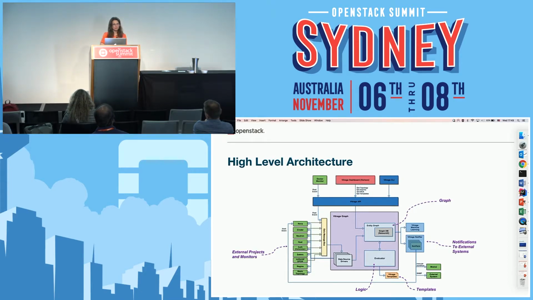And we also have an option to send SNMP notifications on alarms that were raised by Vitrage. We have a machine learning module, which I'll describe in the next slides. And there is an API layer, a command line interface, and a UI as part of the Horizon dashboard.